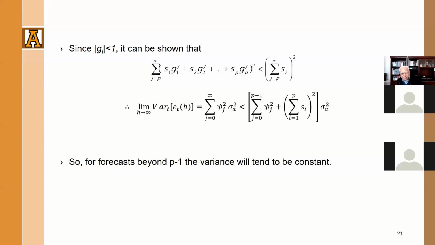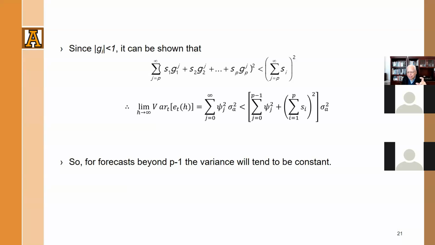It will be bounded by the sum up to P minus 1 of psi sub j squared plus the sum from I equals 1 to P of S sub I squared times sigma squared. So for the forecast beyond P minus 1, the variance will tend to be constant.